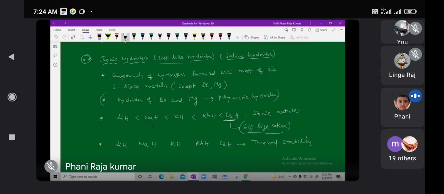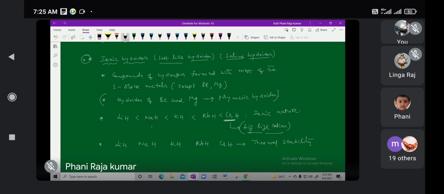Generally, a small size cation with a small size anion, and a large size cation with a large size anion, form the most effective crystal packing. Ions of comparable sizes form effective packing. If one ion is very small and the other is very big, the packing is not efficient.